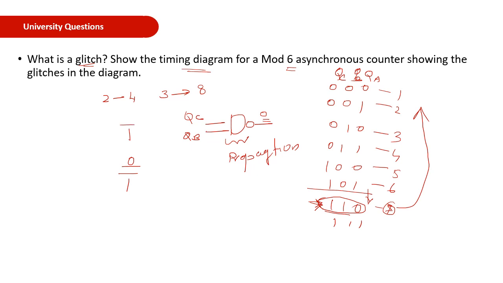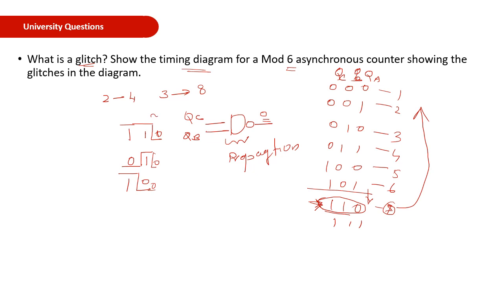When the next clock pulse comes, from 101 the state becomes 110. So this will remain 1, this will become 1, and this will become 0. Only then does this signal go to the NAND gate input, and then it jumps back to 000.